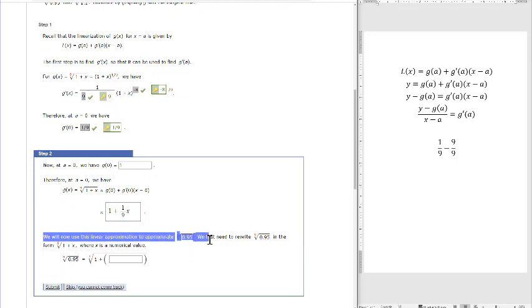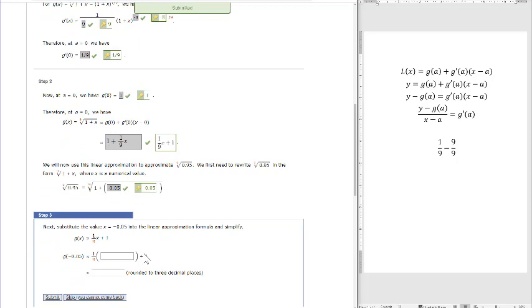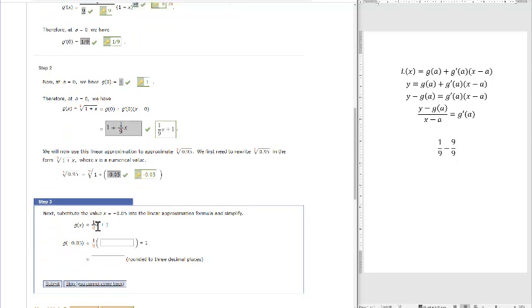Now that we have this, we'll use this to approximate this value over here. And so I want to write that as 1 plus something. If we write this as 1 plus something, we're actually subtracting 0.05, so we can think about that as adding a negative 0.05. So that is the number that we're going to put into our linearization.